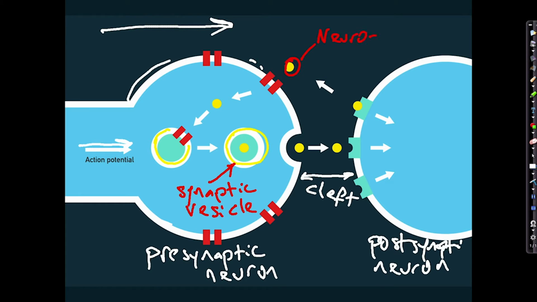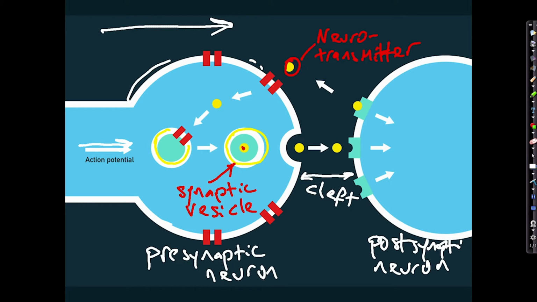You might well have heard of this term, the idea of a neurotransmitter. The function of the neurotransmitter, as we will see, is revealed by the name. It transmits information from the presynaptic to the postsynaptic neuron. Now, in this highly simplified diagram, you've got two vesicles here, and each vesicle contains one molecule of neurotransmitter.